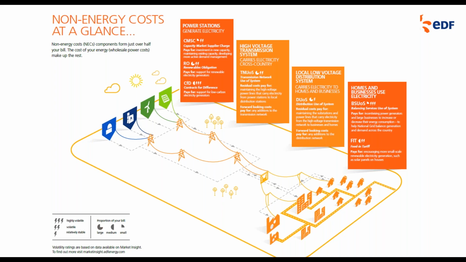Taking those in order, we have the capacity market supplier charge, which is essentially supporting new capacity, but also making sure that there is sufficient capacity in place and available in the event of the peaks, the highest peak demands on the grid, which typically happen over winter weekday peaks. So Monday to Friday, 4 to 7, between November and February is generally when we see the highest level of demand on the grid.